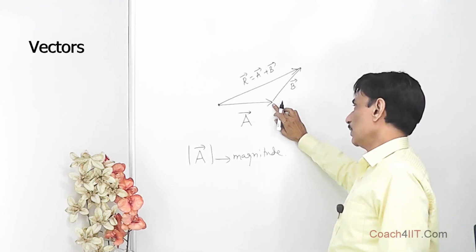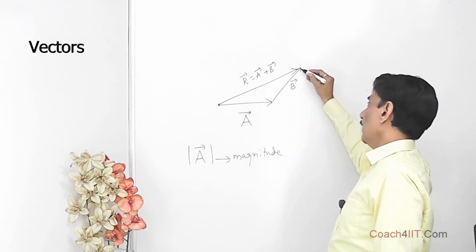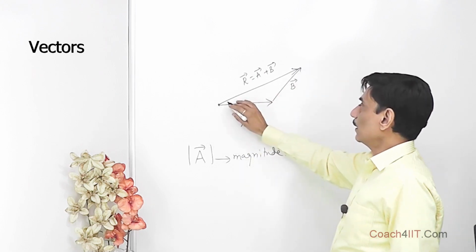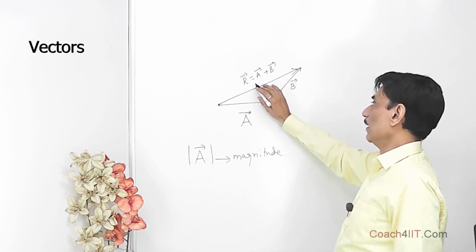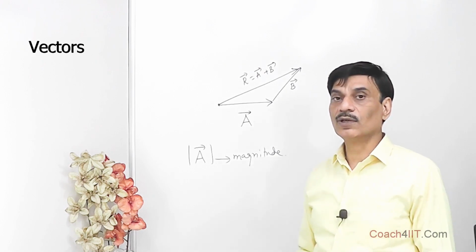Then the vector originating from the tail of the first vector and culminating at the head of the second vector represents the resultant vector, and it is represented as R is equal to A plus B, that is the resultant of A plus B.